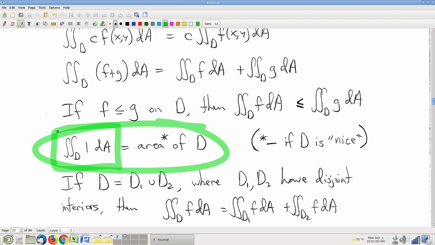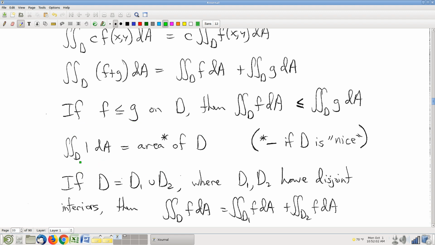That's a lot of people's point of view. That was the point of view I took when I first saw this. I have an even better way to think about this. Don't forget, integrals are Riemann sums. And so let's interpret this from a Riemann sum point of view. This says if you take this domain and chop it up into little pieces and add up those areas, you get the area.